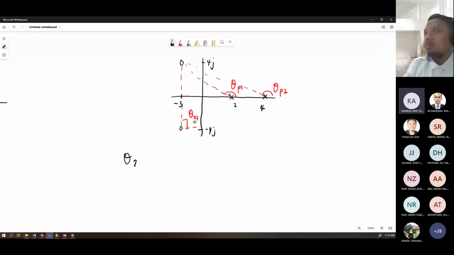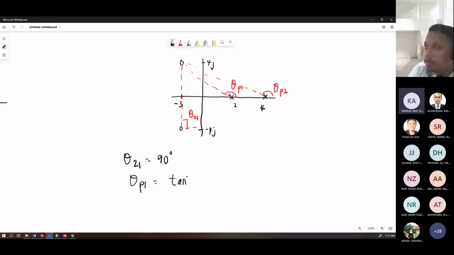So theta Z1 is 90 degrees. Theta P1, you have to use trigonometry. So here I will use tangent inverse, no, 180 minus tangent inverse of this angle.